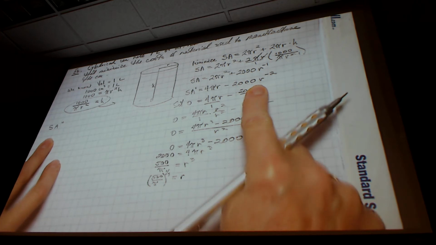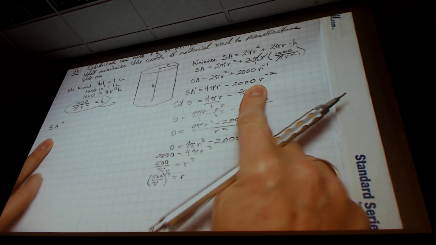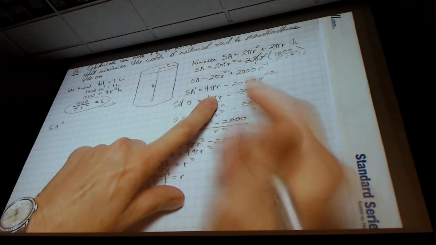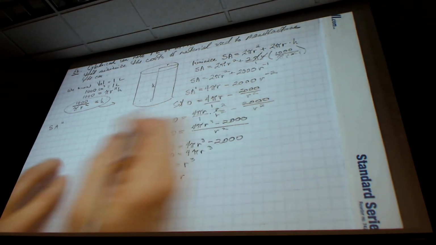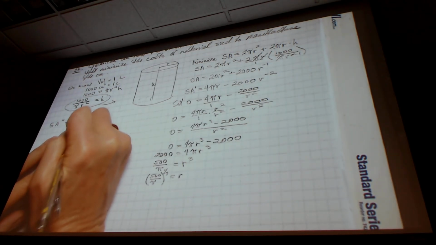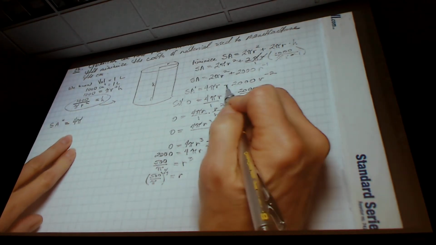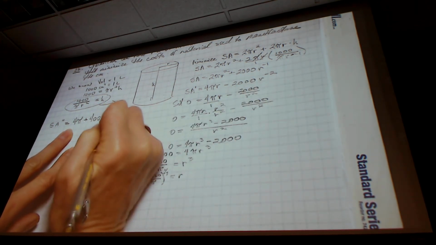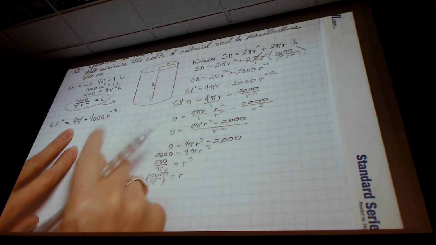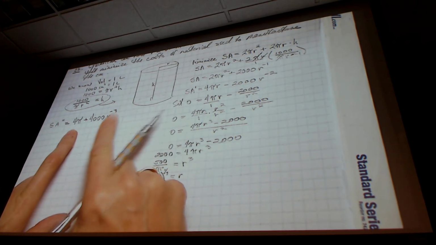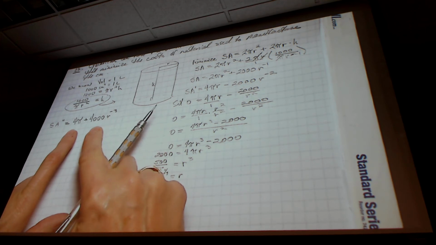But in these problems, for some reason, it's a little easier just to do a second derivative test, because you see how the second derivative of this would be just 4 pi, and then -2 times -2,000 is positive 4,000, and then r to the -3, right? Well, r to the -3 isn't negative, it just puts r cubed in the denominator, doesn't it?